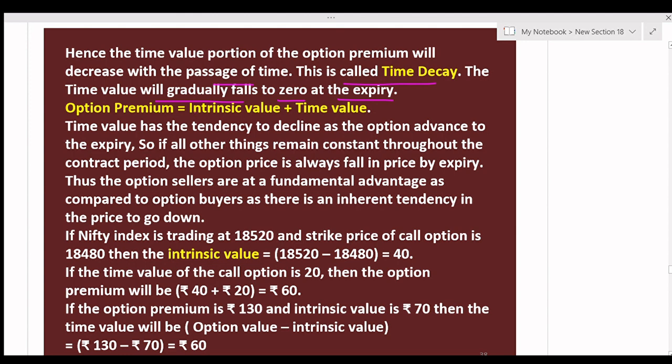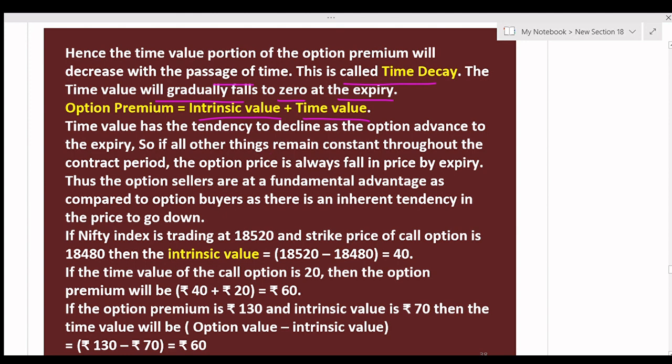Option premium is equal to intrinsic value plus time value. You know intrinsic value: spot price minus strike price for a long call, and for a put, strike price minus spot price is the intrinsic value.